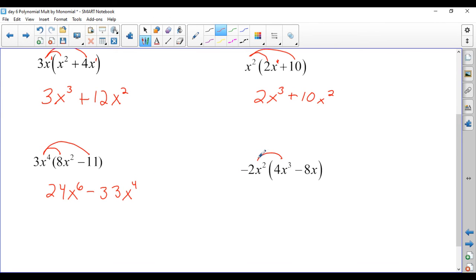Over here, I'm going to distribute the -2x squared. -2 times 4 is -8. X squared times x cubed, 2 plus 3 is x to the fifth. -2x squared times -8x, -2 and -8 becomes plus 16. X squared times x is x to the 2 plus 1 is 3.